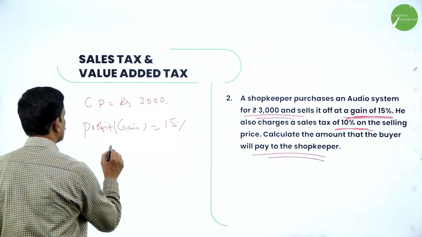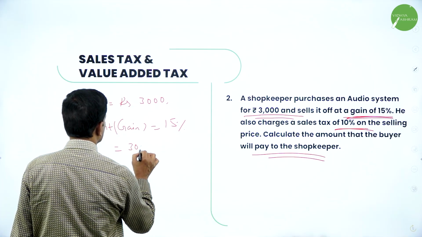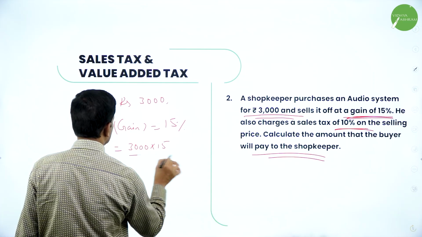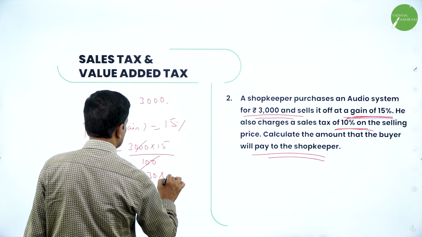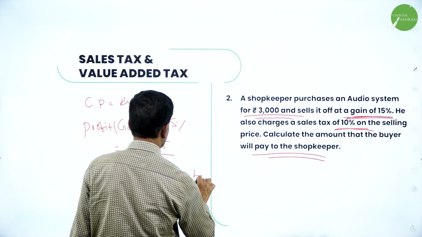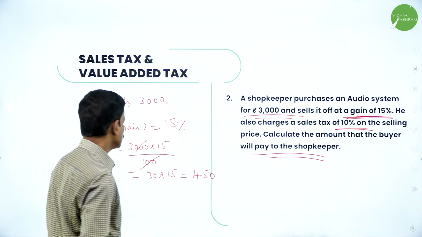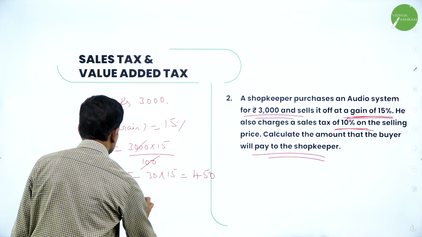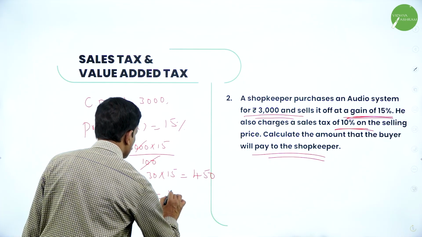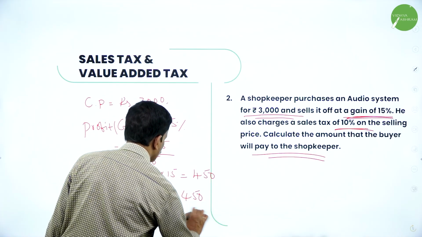Calculate 15% of 3,000. 3,000 into 15 divided by 100, that's equal to 30 into 15, which is 450. So the gain, or profit, is equal to rupees 450.